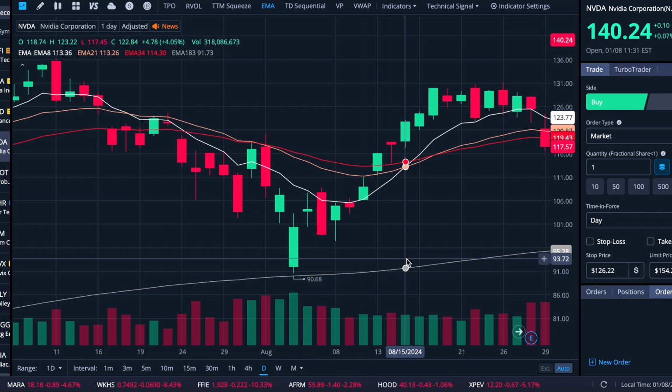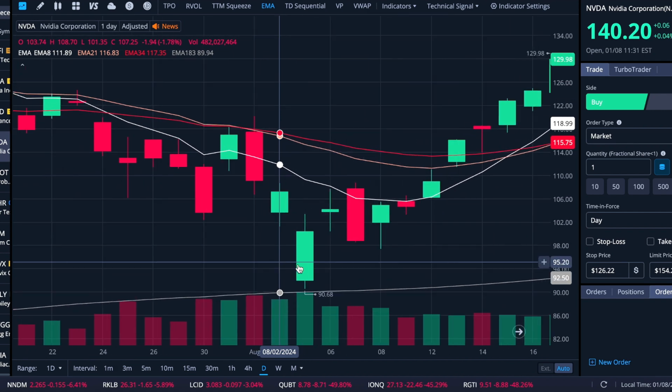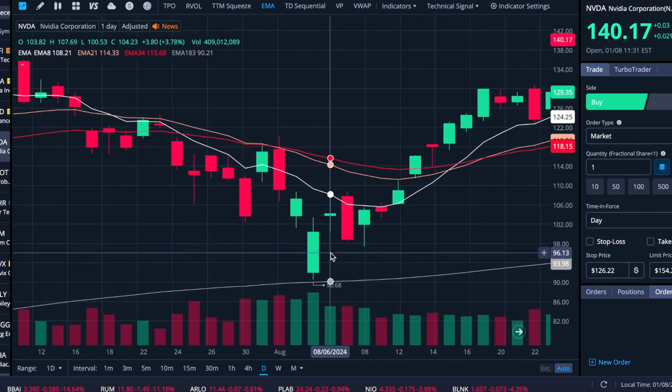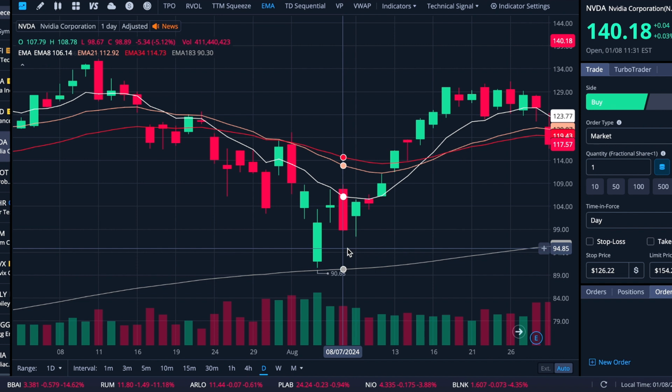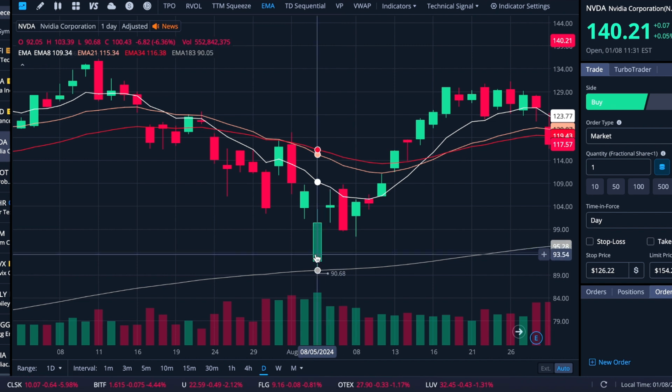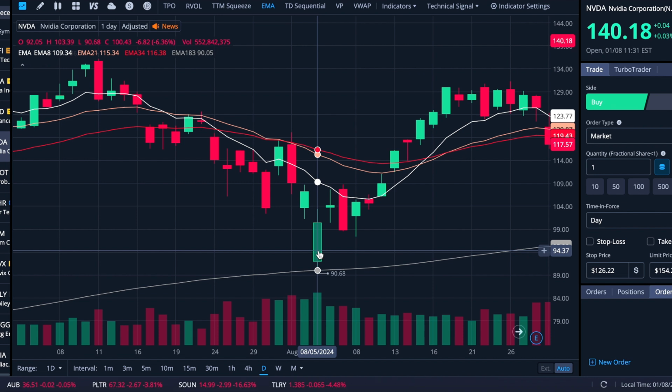If you want to be really aggressive, or to me this feels really aggressive, you say it might dip slightly below, but I'm going to bet that it's going to hold and it's ultimately going to pop back above that 183 with minimal downside. So it's not going to bleed me dry for a long time. I'm going to be able to pop back above it. And here, you see it came within a few cents. It was at 90.05, the 183 EMA. So it came within 63 cents.